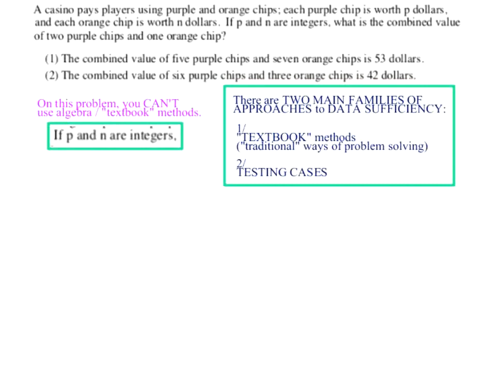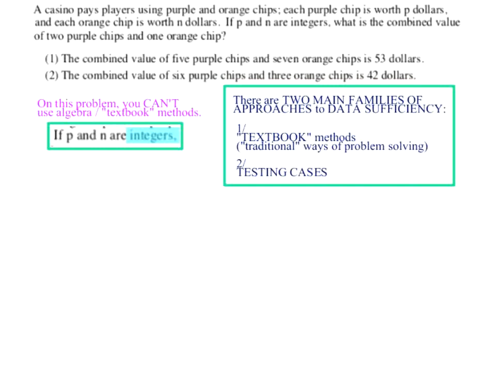We did make this point in the last session as well. So if you weren't in attendance for that, make sure you go back and watch that. If you have whole numbers, especially in a sufficiency problem, algebra is powerless to tell the difference.